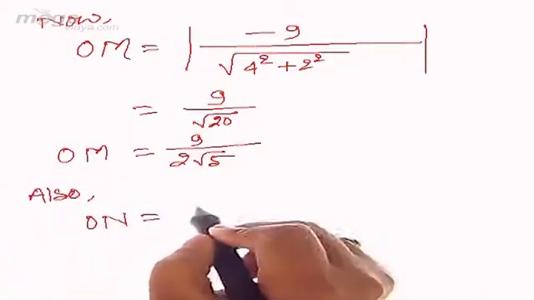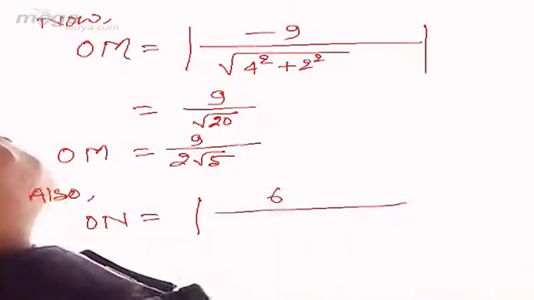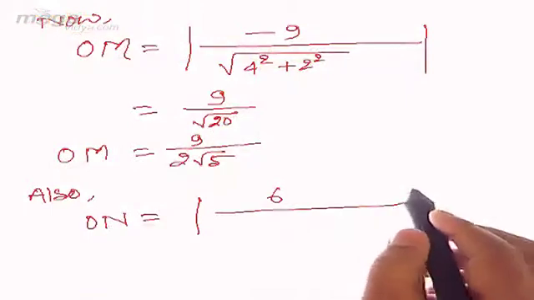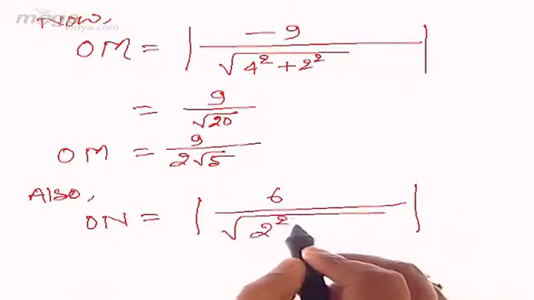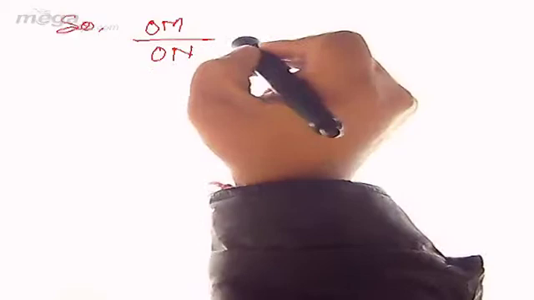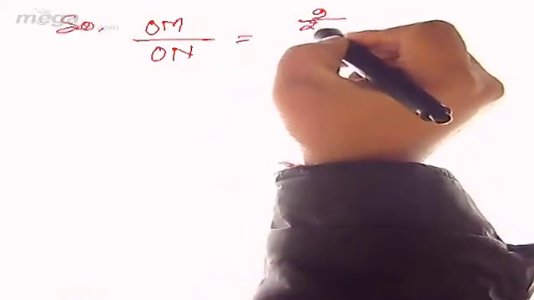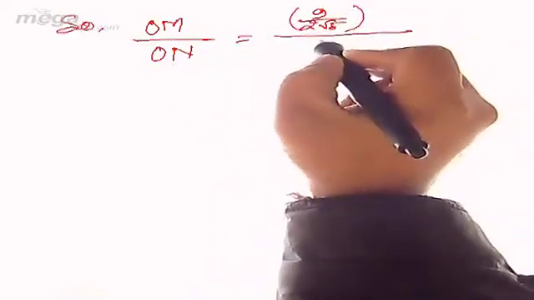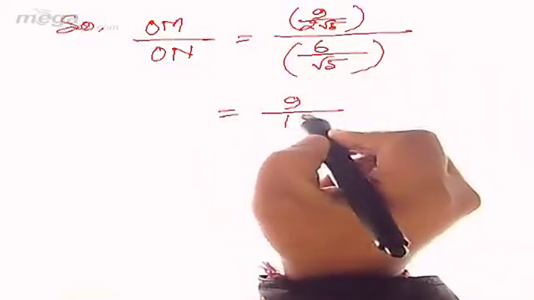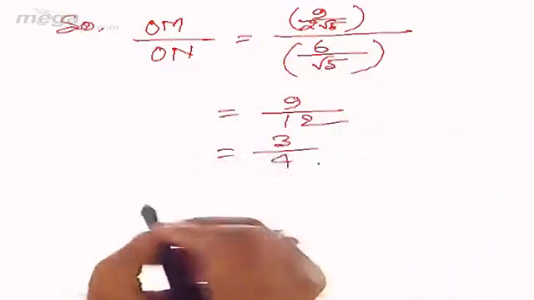ON is equal to mod 6 upon root under 2 square plus 1 square, which is 6 upon root 5. So OM upon ON is equal to 9 upon 2 root 5 divided by 6 upon root 5. So it is 9 upon 12, which is 3 upon 4.